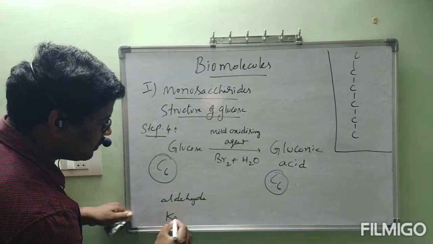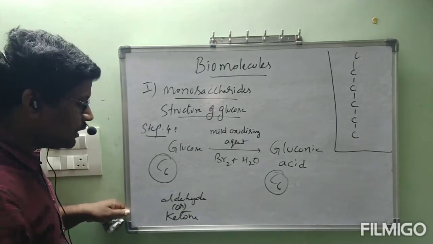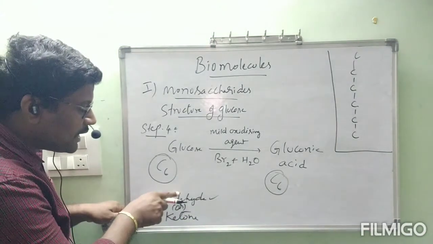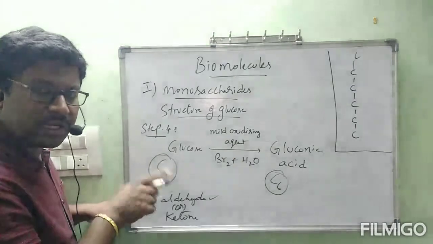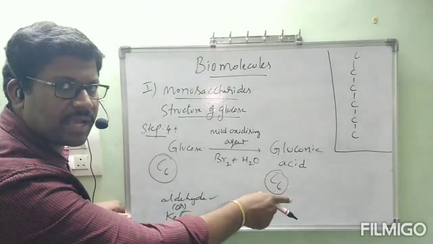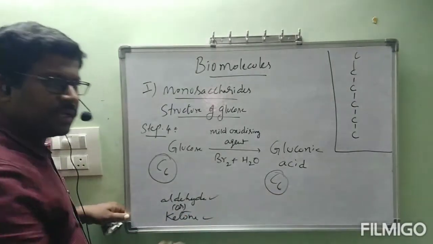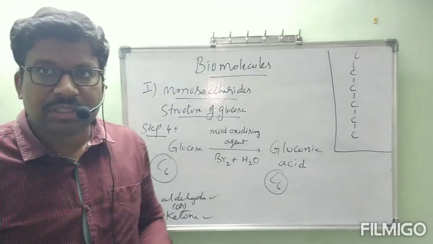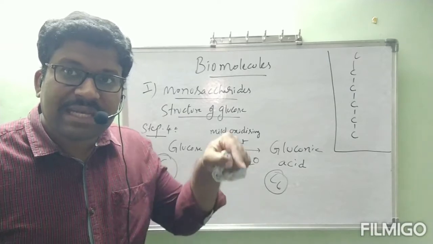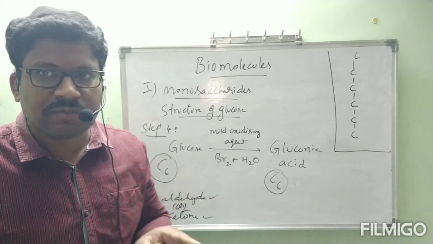Now, if aldehyde is there, it undergoes oxidation to form acid with the same number of carbon atoms. If ketone is there, it will undergo oxidation to form carboxylic acid only, but with fewer carbon atoms. Splitting will happen. We have seen even Popov's rule also.